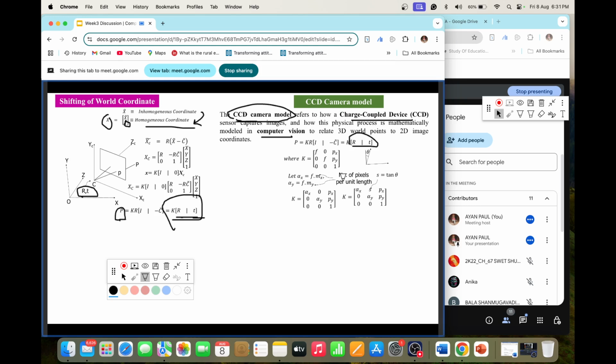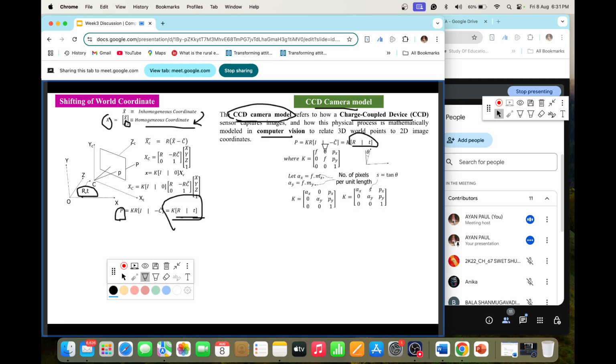Now, due to the CCD camera, our focal length will be changed with the number of pixels per unit length. So our f will be changed to alpha x in the x direction and alpha y in the y direction.